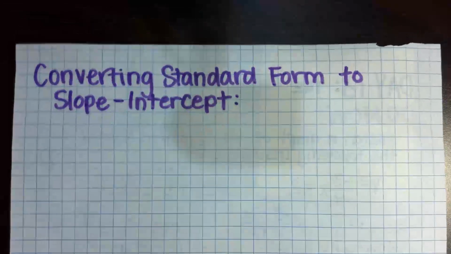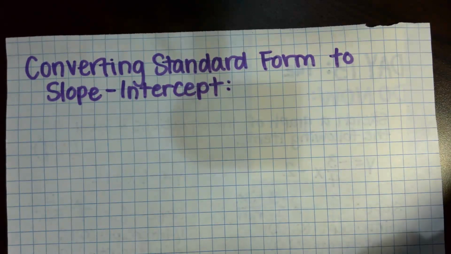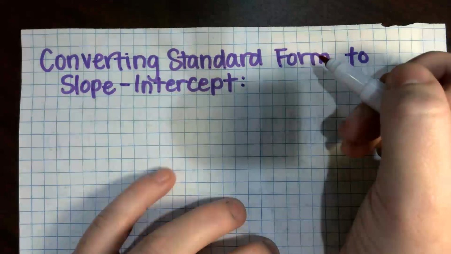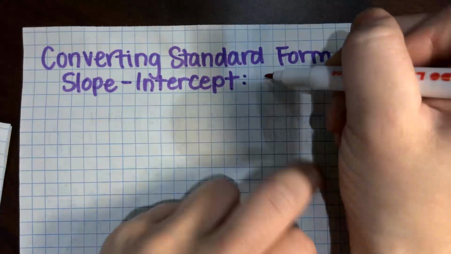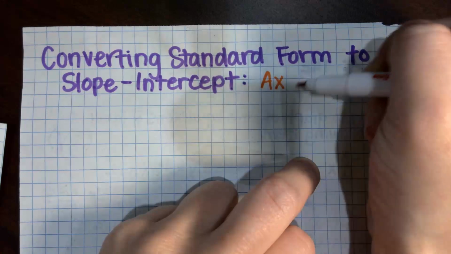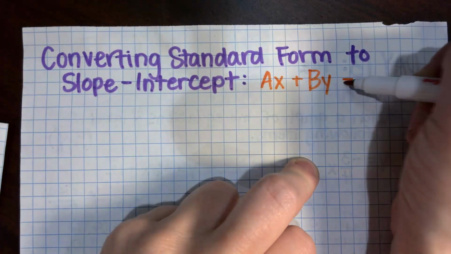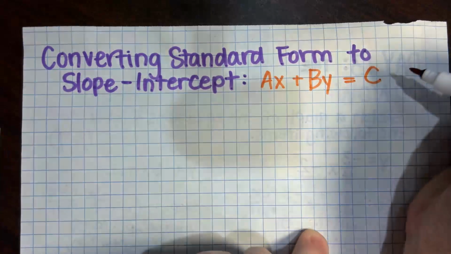And I am going to show you here. All right, so we are going to start with the standard form equation. So I'm going to write that out again. That is ax plus by equals c.